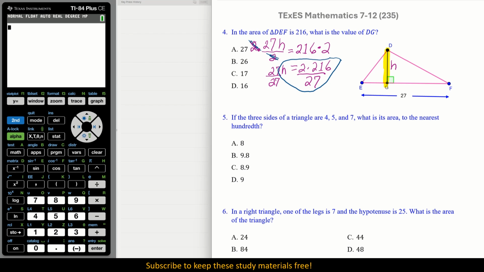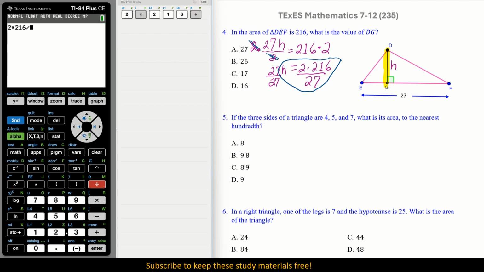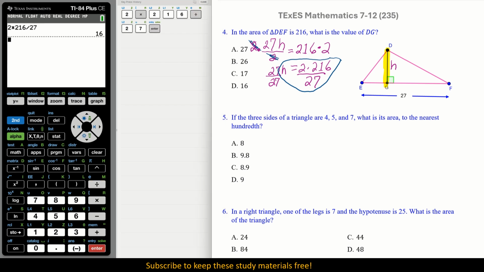It just has to be done. Let's see if we get what we need. 2 times 216 divided by the 27 and 16. And that is actually the correct value of the height DG.